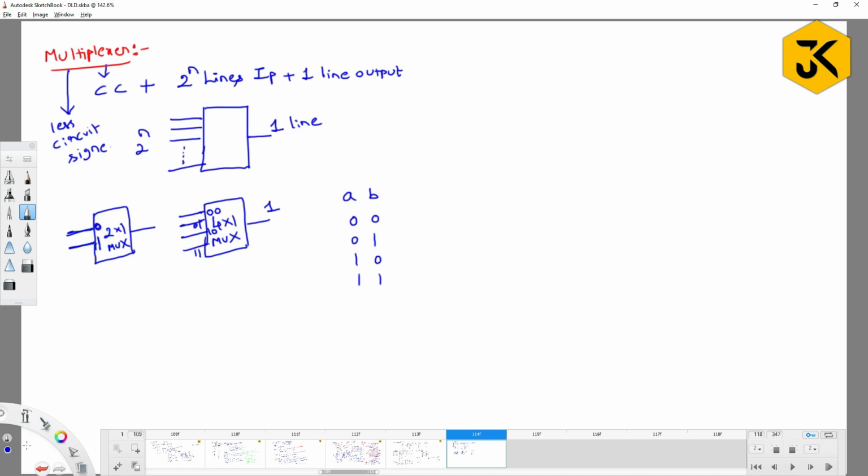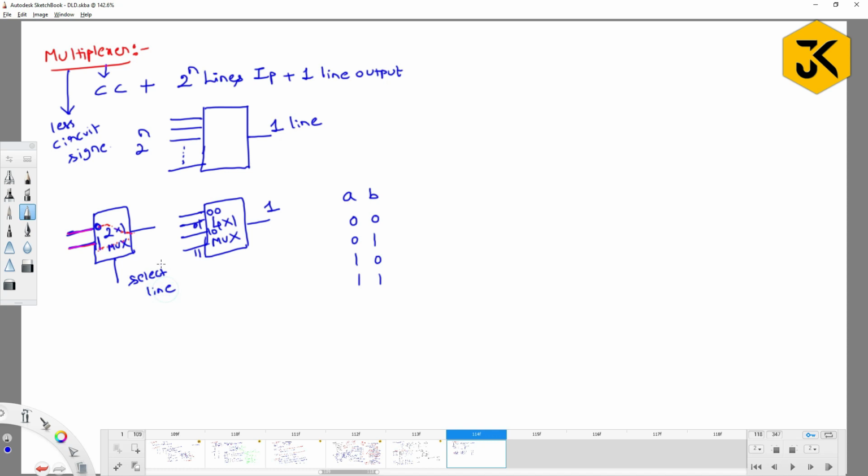Fine. Now, my question is, if I get certain inputs, how can we pass this input to this particular output location? There are 2 cases: I can pass output as 0 or I can pass output as 1. How can we pass it? There should be some kind of controller required. That control I will call the select line.